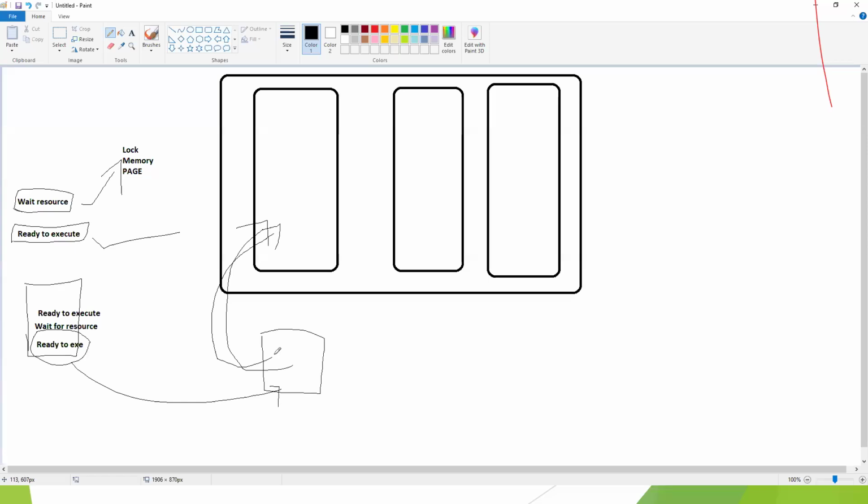What if this thread is coming out of the CPU and we have a wait-for-resource thread next? That cannot execute because it is waiting for resources, right? So that should be segregated, divided. The queues are also divided so that it understands this queue is for ready to execute, this queue is for the waiter threads, and the next queue is for some dedicated threads, let's say IO completion, whatever it is. We maintain different queues.